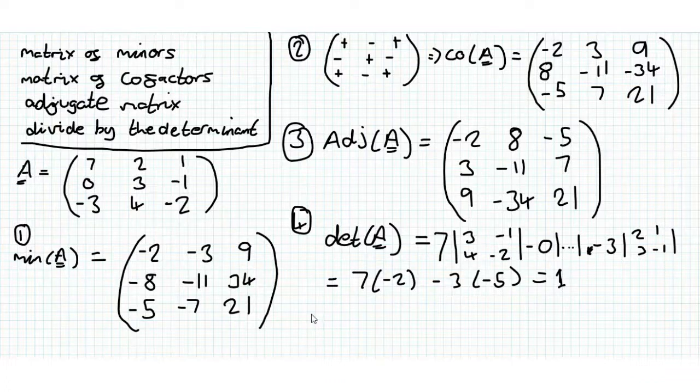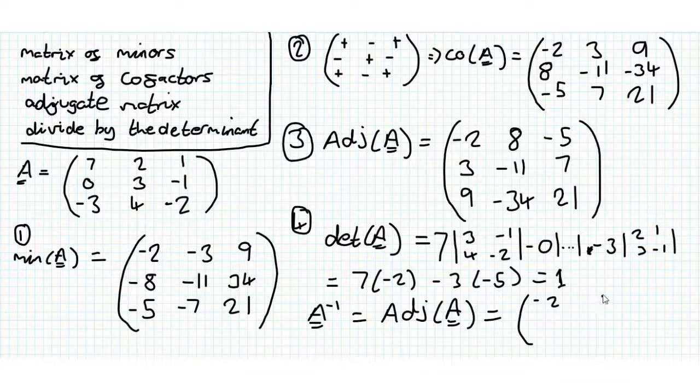So that means that A inverse is equal to adj of A, which is minus 2, 8, minus 5, 3, minus 11, 7, 9, minus 34, and 21.